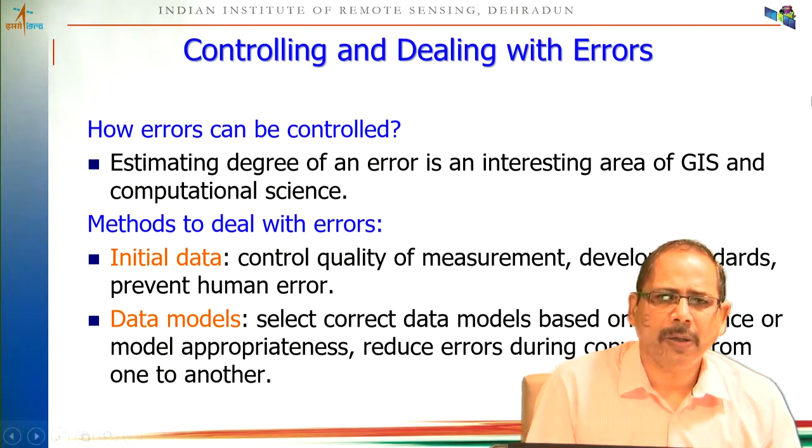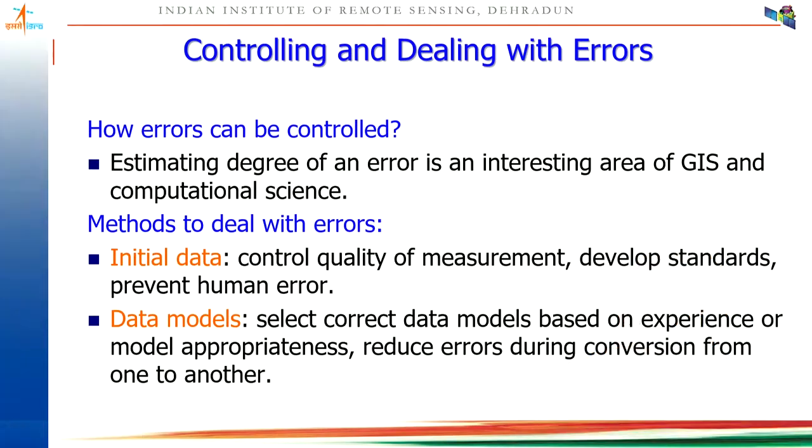So how can you control and deal with the errors? Basically you have to estimate the degree of error, which is an interesting area of GIS. This is a very important topic of computational science, how you deal with this. You have to address it by different methods.